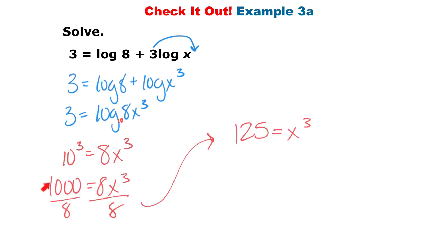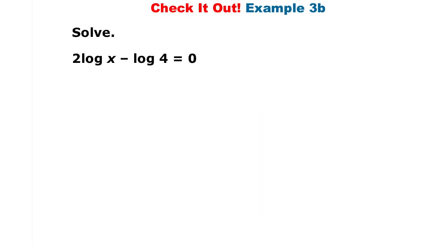So as I keep working this through to solve for x, I end up with 125 equals x to the third. So I'm thinking what number times itself 3 times gets me 125. I do realize that that is going to be 5. However, if you didn't recognize that, what happens here is you're taking the cube root of both sides. So if you need to use a calculator, that's what you would do to get x equals 5.